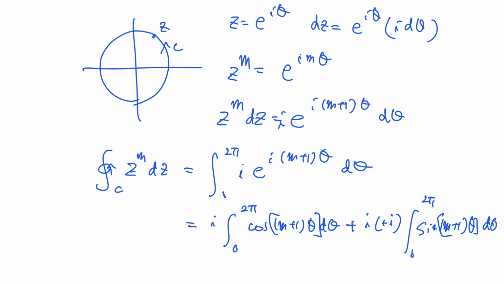So when m is an integer, this is always 0, right? Sine of an integer multiple of theta, integrated from 0 to 2 pi, is always 0, right? How about cosine?